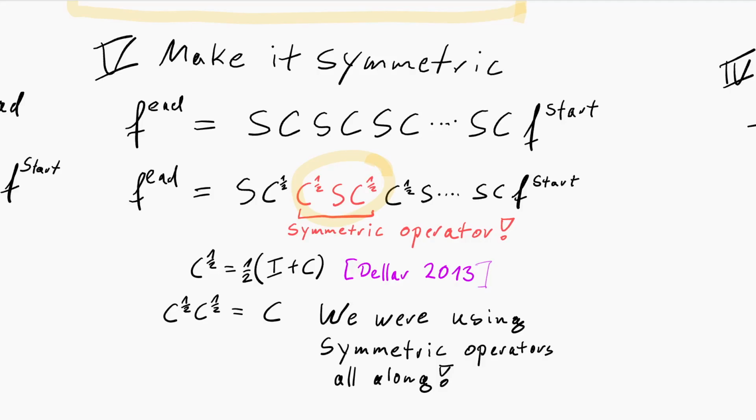So we can turn it around. It will be doing the same, and of course this has to be connected to another half collision. And Dellars then said, what is this half a collision? Well, half a collision is the average between one collision and doing nothing. So I is indicating the identity here.